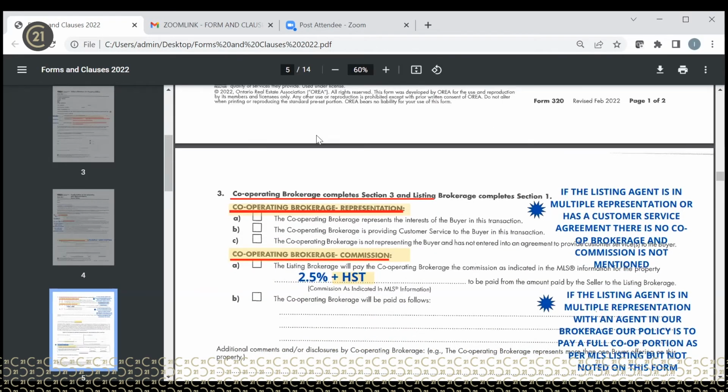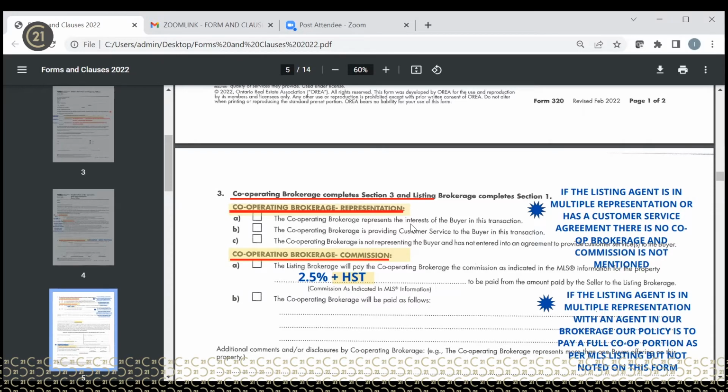Here's the section for the cooperating brokerage. This is the part that they're saying that you can fill out separately as a cooperating brokerage, separate from the listing brokerage. But again, take a look at the cooperating brokerage representation options. One of these should fit if you are the cooperating brokerage.